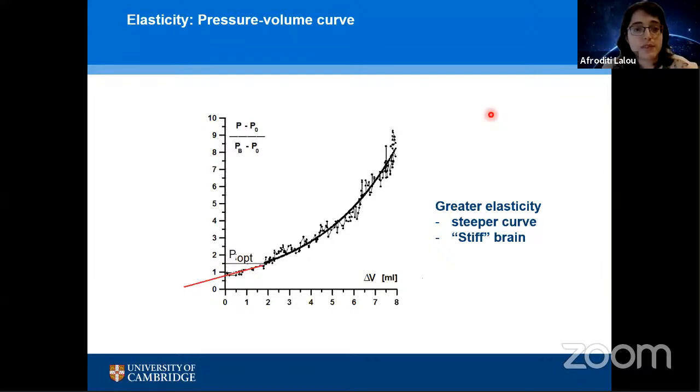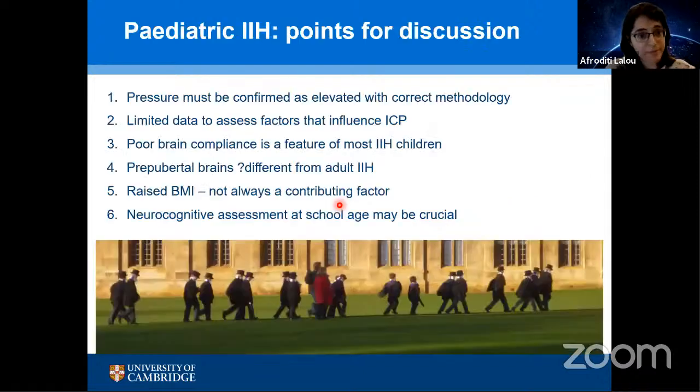In relationship to elasticity and stiffer brain, again, these children that are thought to have probable IIH, but we're not really certain because they don't meet the exact pressure, we can see that the fact that they have stiffer brains means that they're more susceptible to steep increases in pressure with minimal perturbation of any issue, for example, a minimal increase in the volume of CSF or minimal disturbance of any balance in their brain. And again, that could maybe explain why they might be more symptomatic when we can't find any obvious disturbance, especially when we're just looking at the ICP as a number.